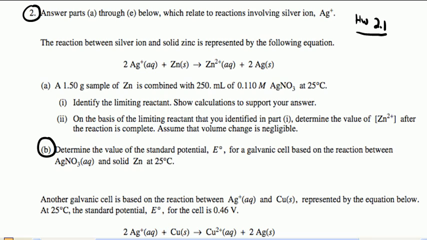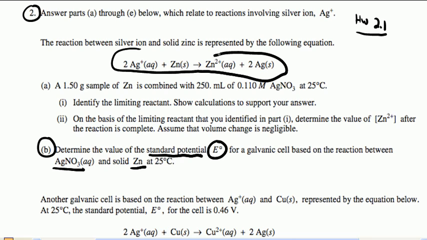So when we look at this reaction, it says determine the standard potential E for a galvanic cell based on the reaction between AgNO3 and Zn written above. So here's the reaction. What we have to do first is break it into the oxidation half reaction and the reduction half reaction.